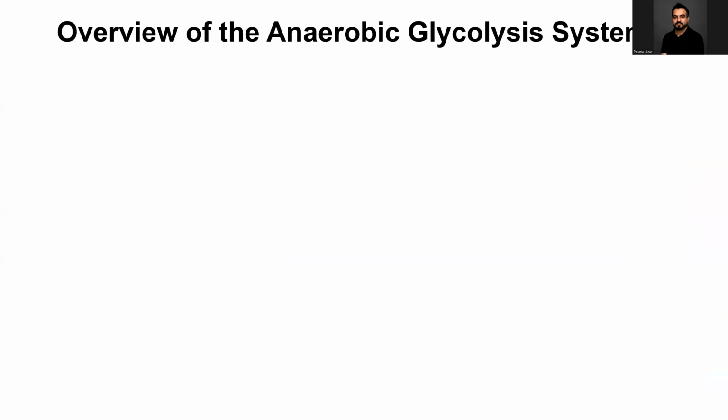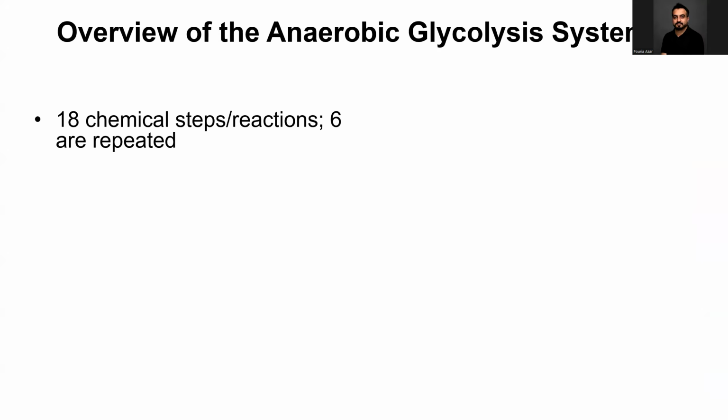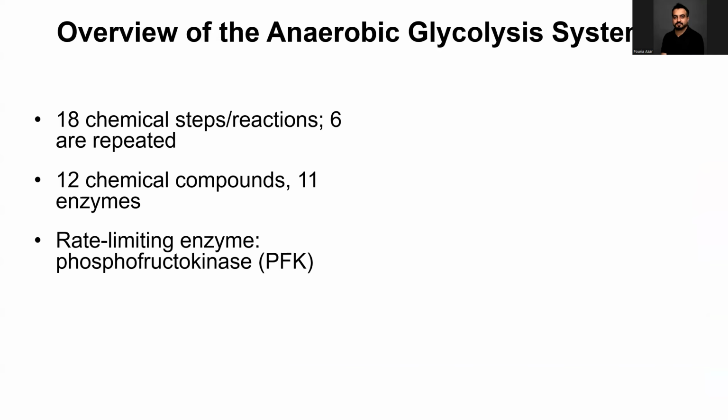And here is the summary of the anaerobic glycolysis system. We have 18 chemical steps or reactions. Six are repeated, 12 chemical compounds, and 11 enzymes are involved. The rate limiting enzyme is phosphofructokinase or PFK.